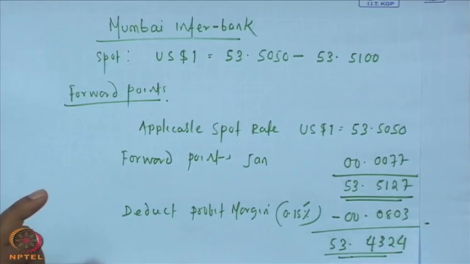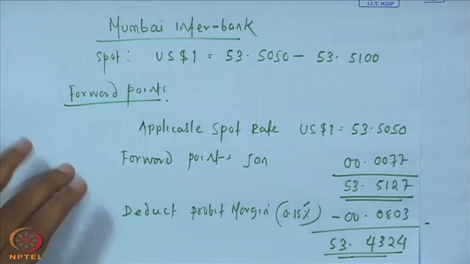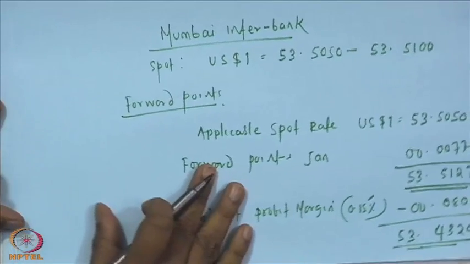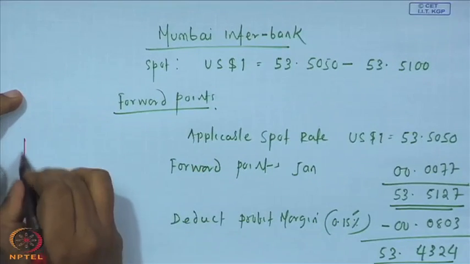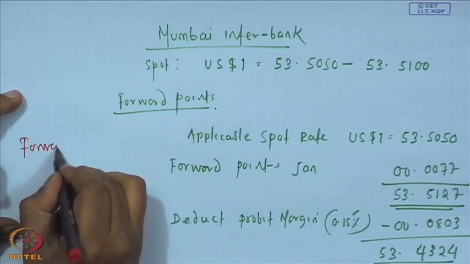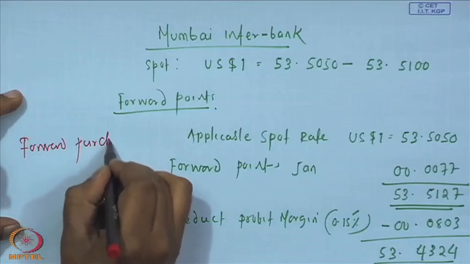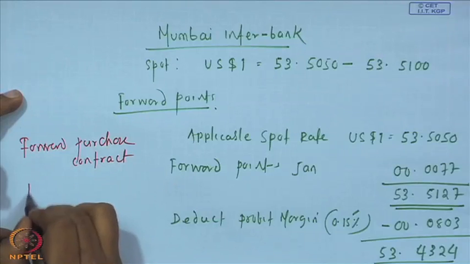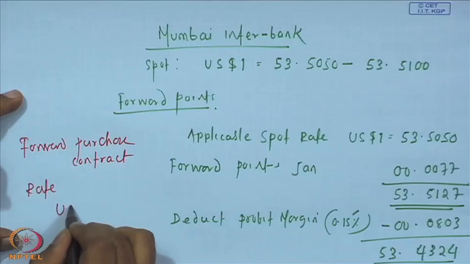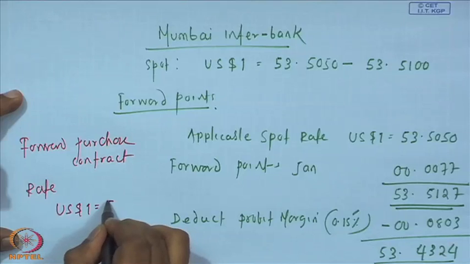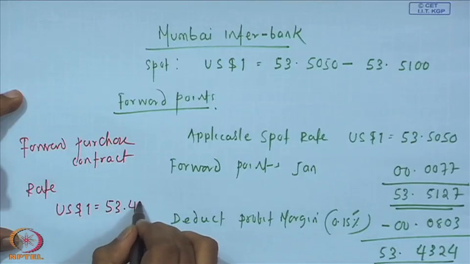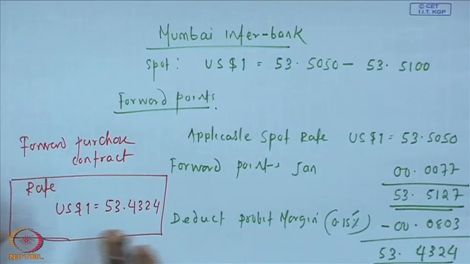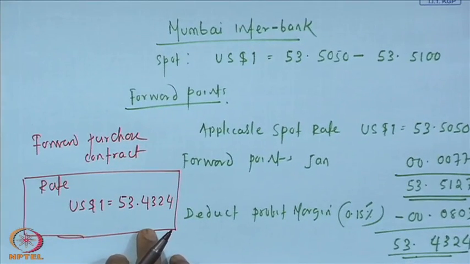So, for the forward purchase contract, the applicable rate will be US dollar 1 equals 53.4324. The authorized dealer will quote this rate to the exporter.